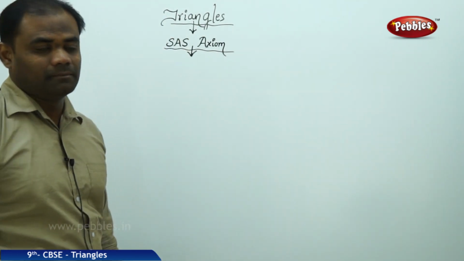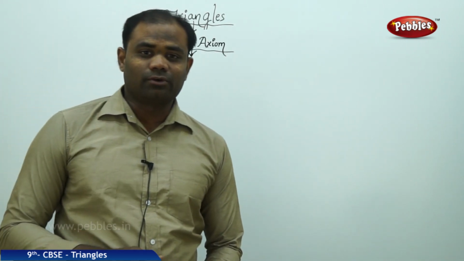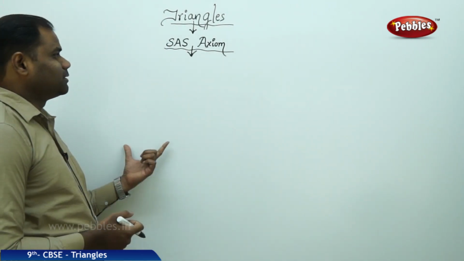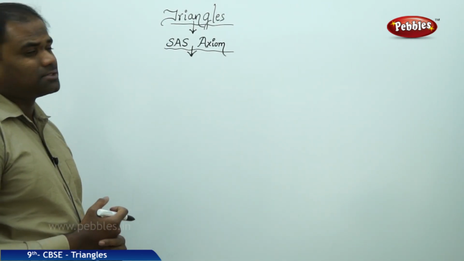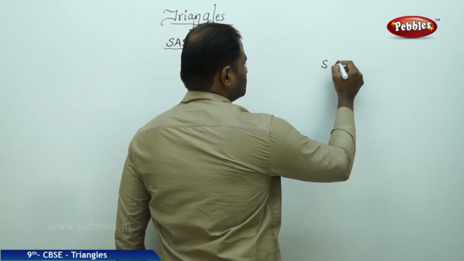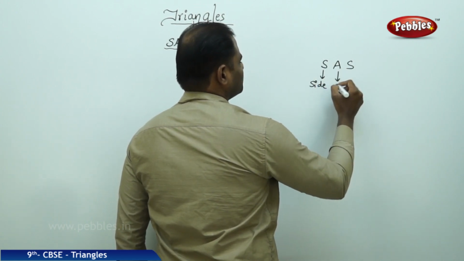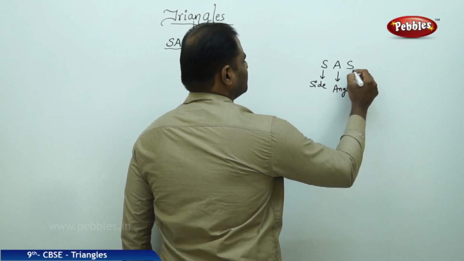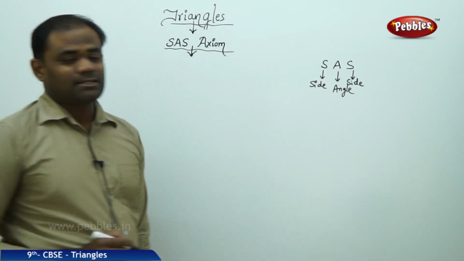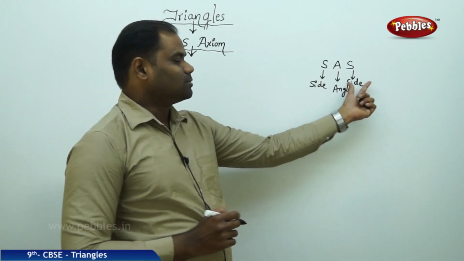Let's see in brief. Imagine I take two triangles and prove the congruency through the SAS axiom. Before we consider the SAS axiom, let me make a note that SAS refers to side, angle, and side, and this angle is between the two sides.